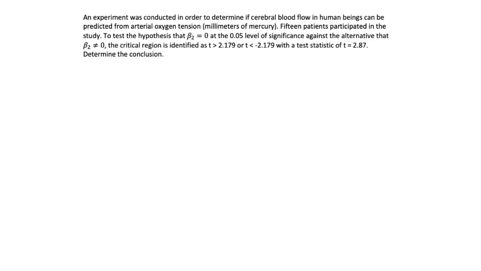An experiment was conducted in order to determine if cerebral blood flow in human beings can be predicted from arterial oxygen tension. 15 patients participated in the study. To test the hypothesis that beta 2 equals 0 at the 0.05 level of significance against the alternative that it's not 0, the critical region is identified as t is greater than 2.179 or less than negative 2.179.